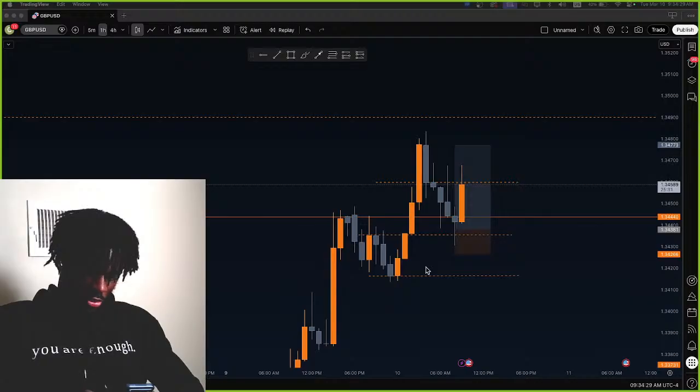Because I had my stop loss below here, roughly around here. So 1 to 1 would be at 1.344.